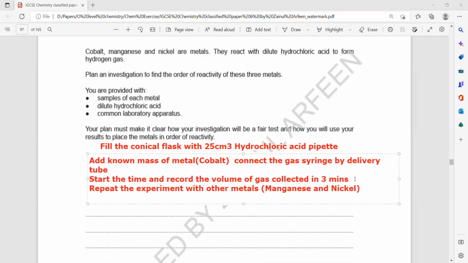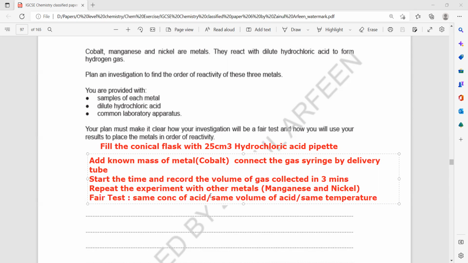Then for a fair comparison, if you want to do this investigation as a fair test, as you already mentioned in the beginning, we should use the same concentration of acid, the same volume of acid, the same surface area, and the temperature of the acid should also be the same.